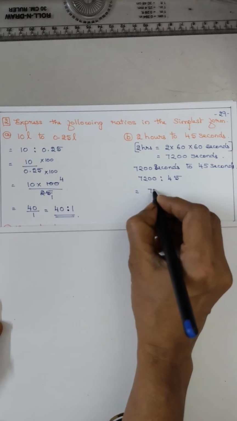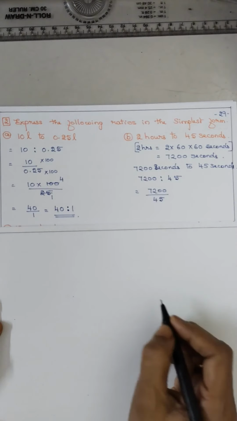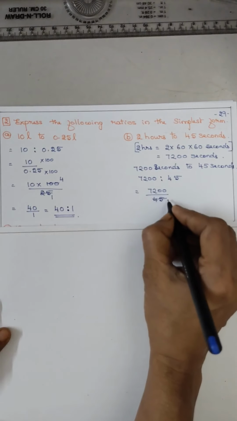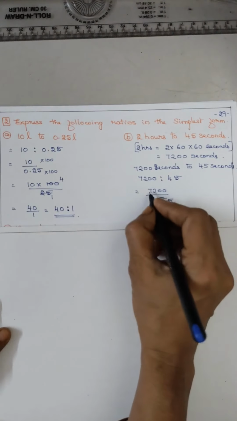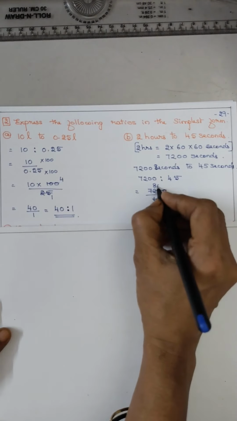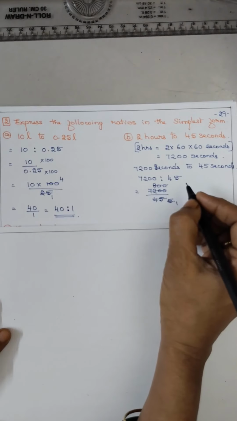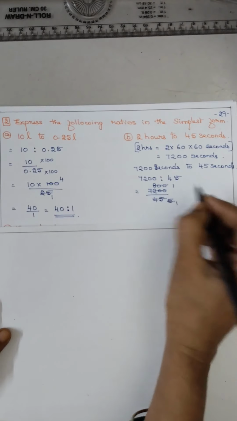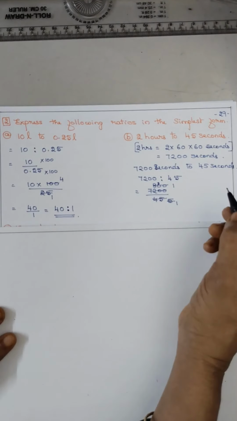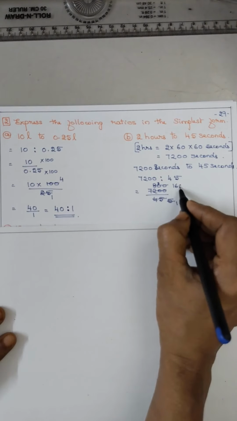Write in the fractional form. 72 and 45 are in the table of 9. 9 5s are 45, 9 8s are 72, 0 0. 5 1s are 5, 6 7 8, 3 remains, 3 and 0 30, 5 6s are 30 and this 0.